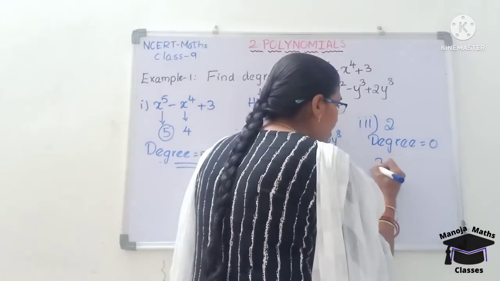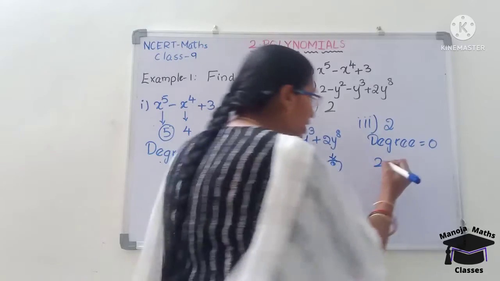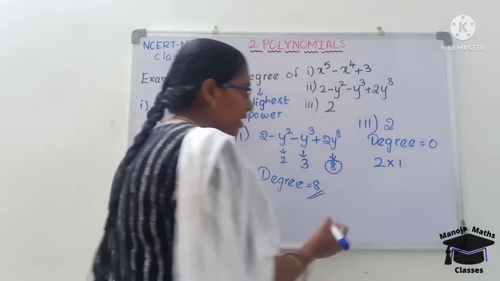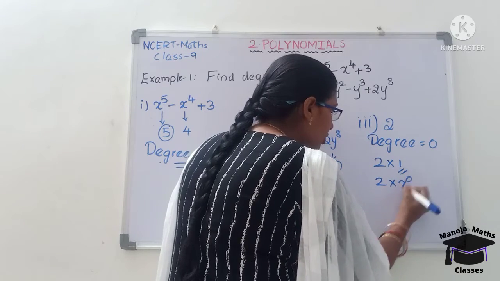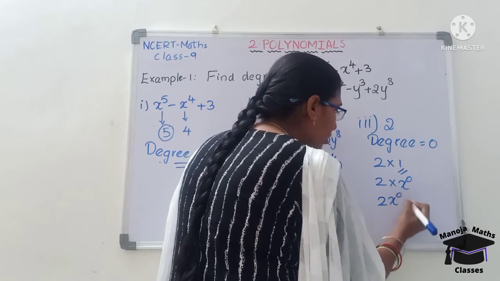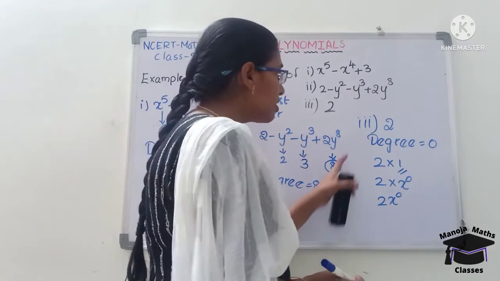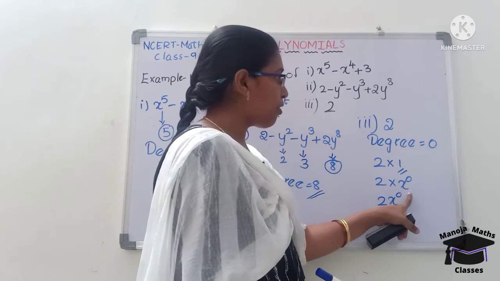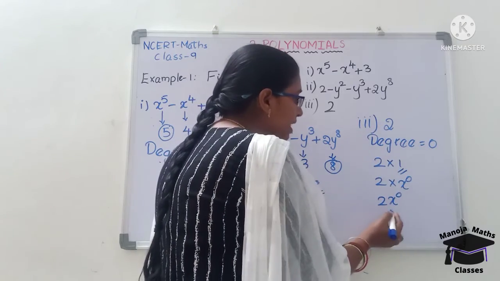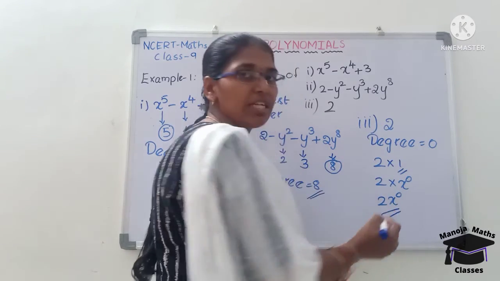How do you get this? How can you write 2, children? 2 can be written as 2 into 1. This 1 can be written as x power 0. So 2 can be written as 2x power 0. x power 0 is nothing but 1. So this constant gets converted into 2 into x power 0.